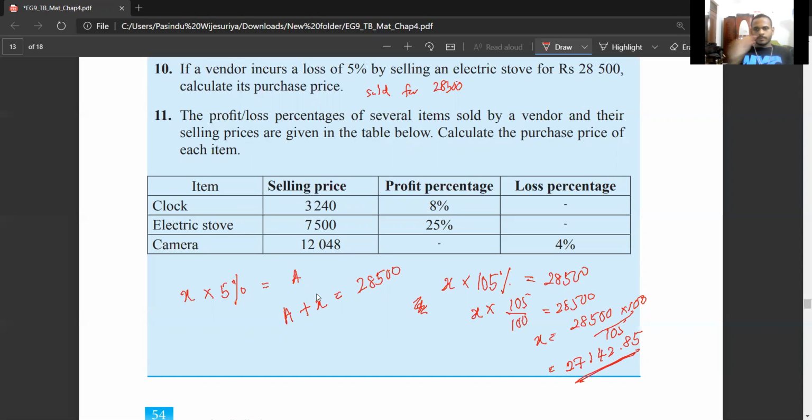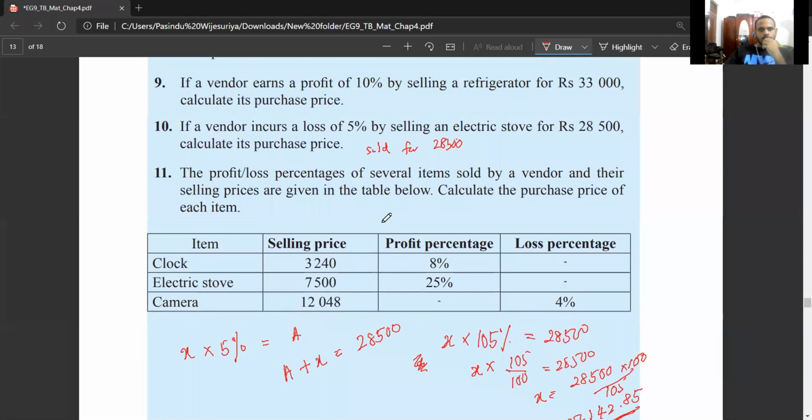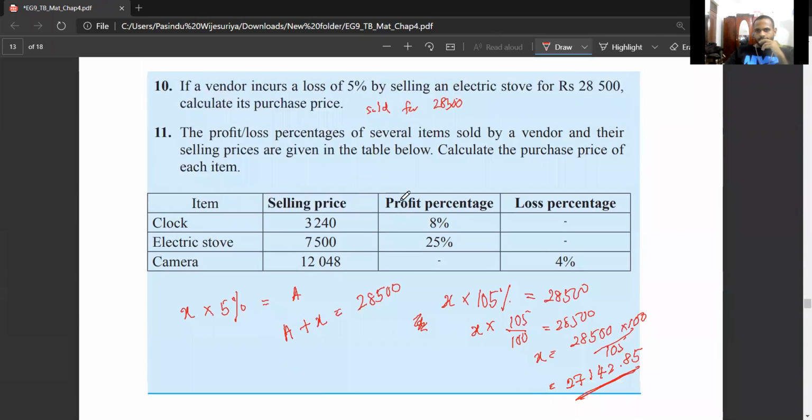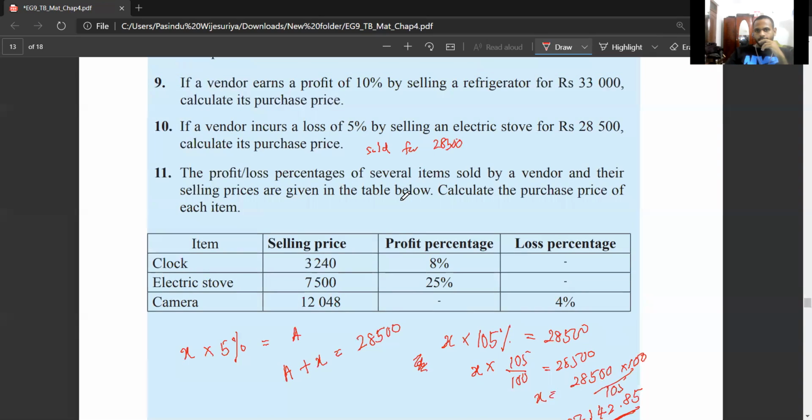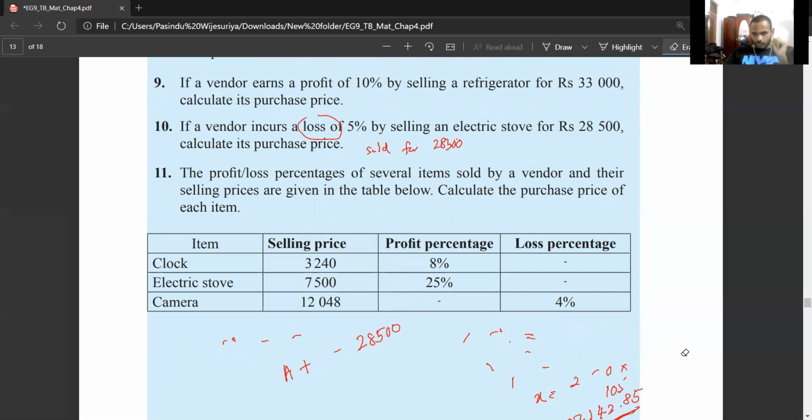So, this I considered the question wrong. My apologies. I considered this as a profit and I was wrong. This is a loss. So the entire part that I discussed is wrong.